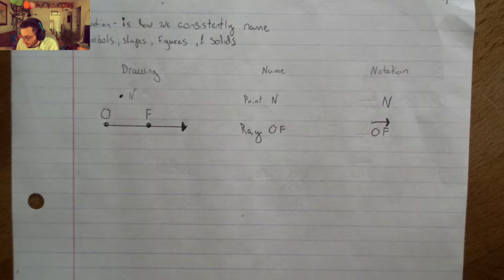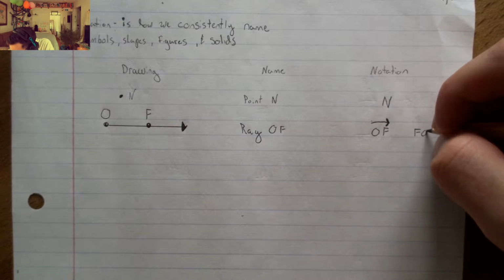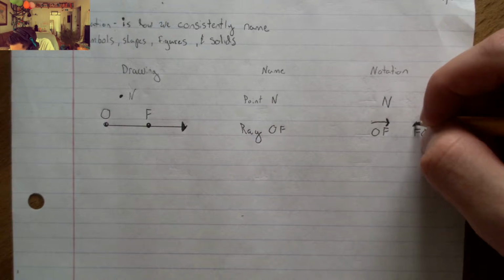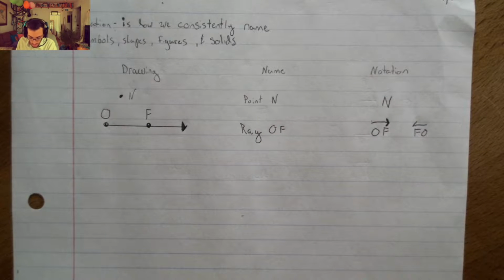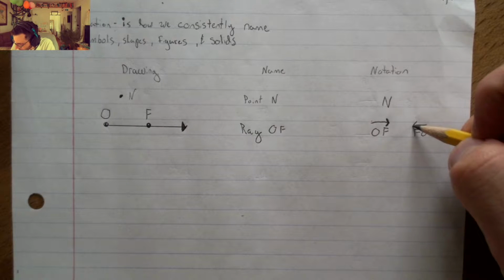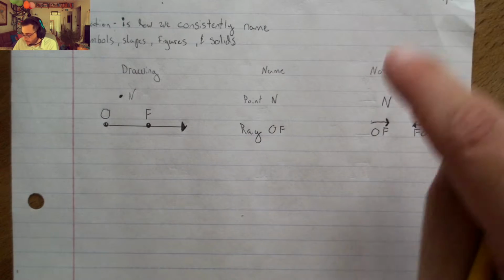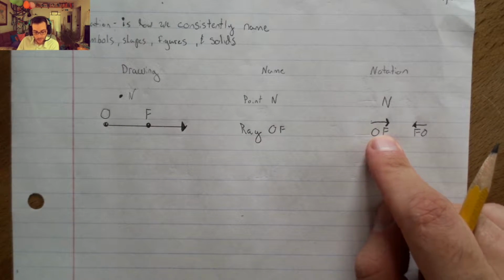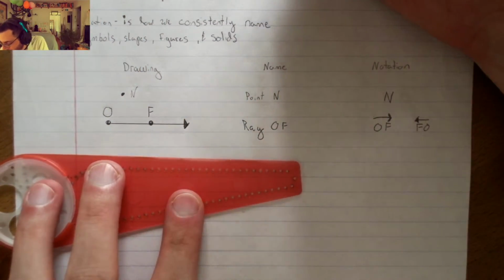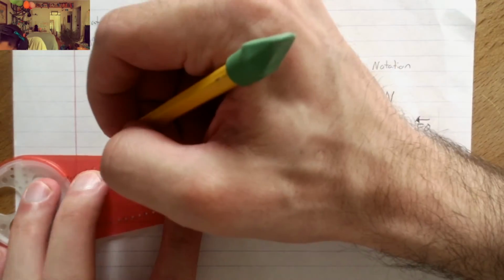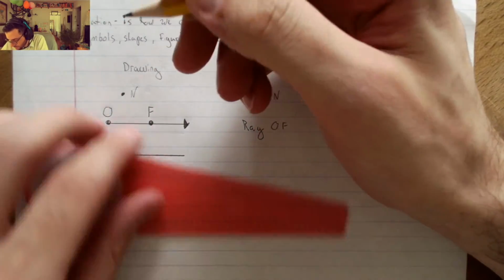We don't need a point on the end. In addition to that, we could also point the arrow to the left-hand side if we want, and leave it as almost like this half-pointed arrow. But either one works. 99 times out of 100, you're going to see it printed with the arrow to the right. That's typically how you're going to type it in on a computer if you're using some type of coding software, like MATLAB or some type of LaTeX coding.